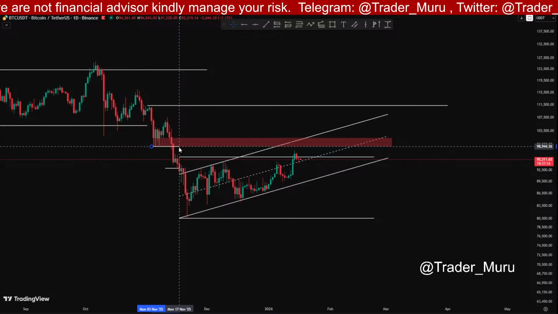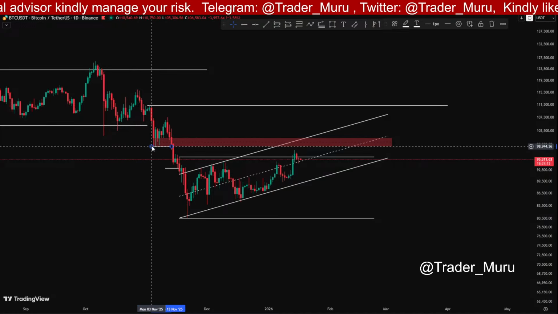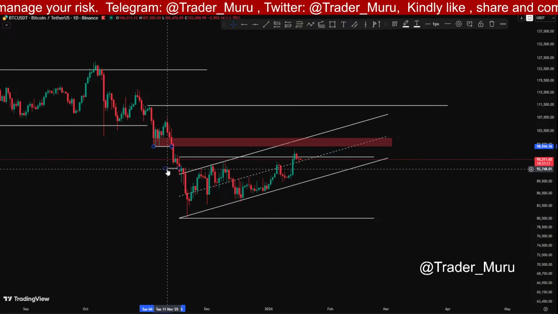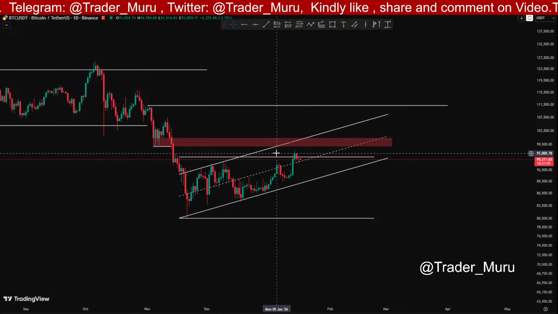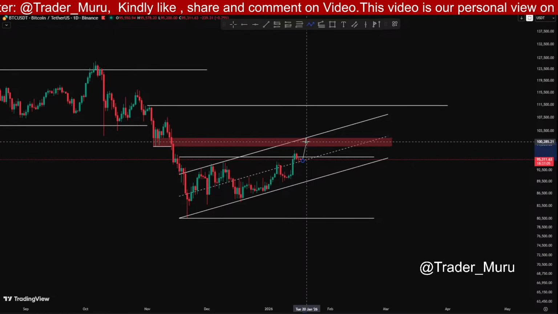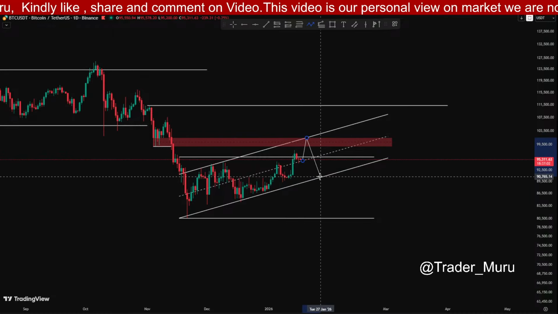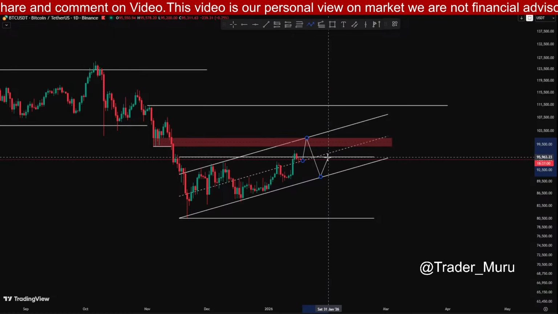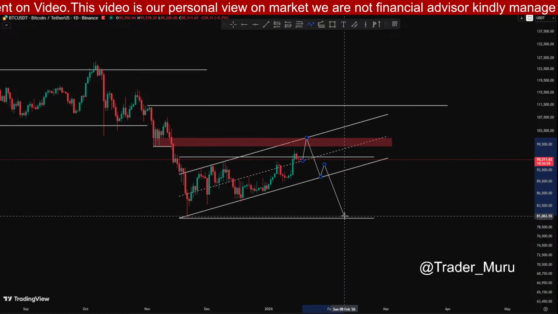Here, this is our last breakout structure in the daily time frame. And price should test this. Then it will be a first drop, again pump and drop more.